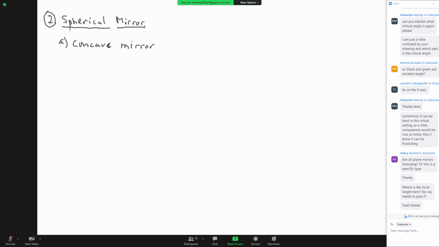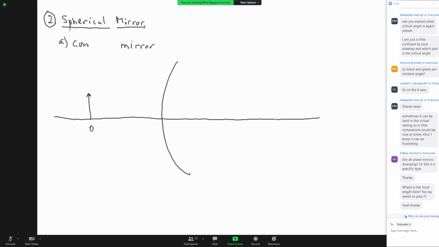So the concave mirror looks like so. Okay, we'll generate our object. So you are standing some distance in front of this concave mirror. Sorry, this isn't the concave mirror. This is the convex mirror. My bad. We'll deal with the concave mirror in a second.